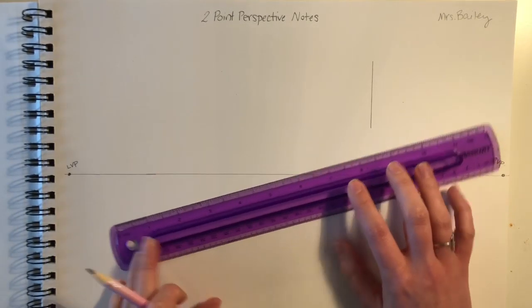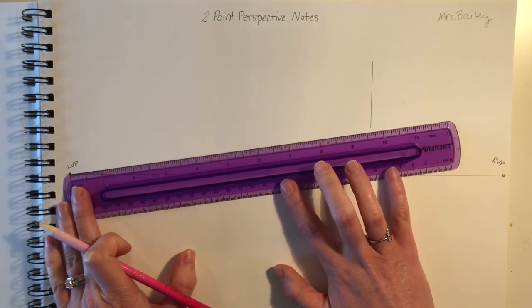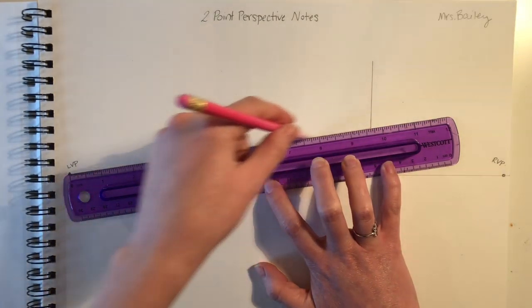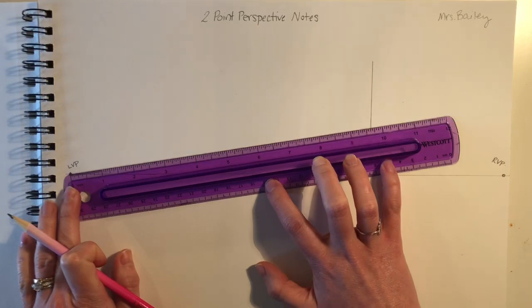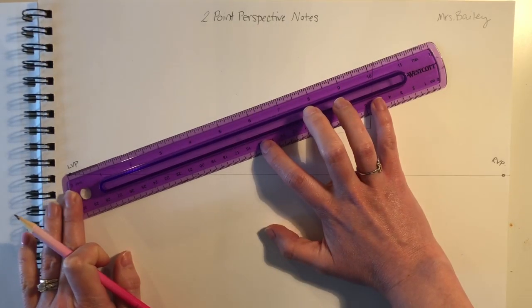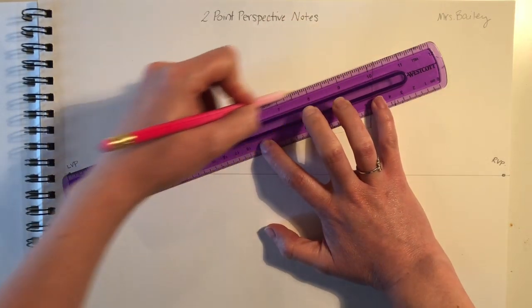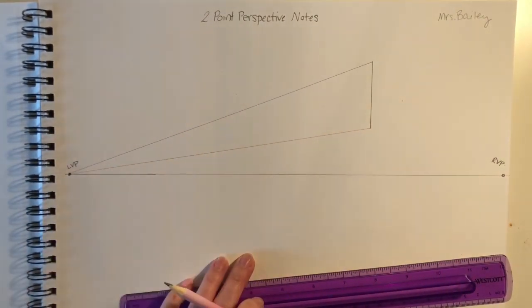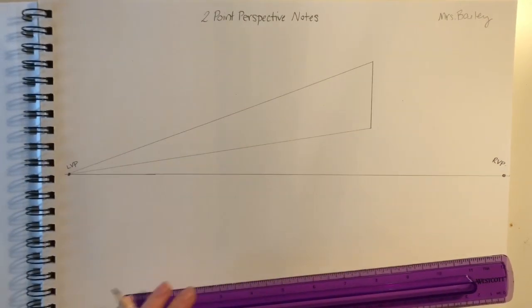Our next step is to take the bottom and top of that line, and I'm going to connect both to my left vanishing point. And that's going to start to create that left wall diminishing to the left vanishing point.